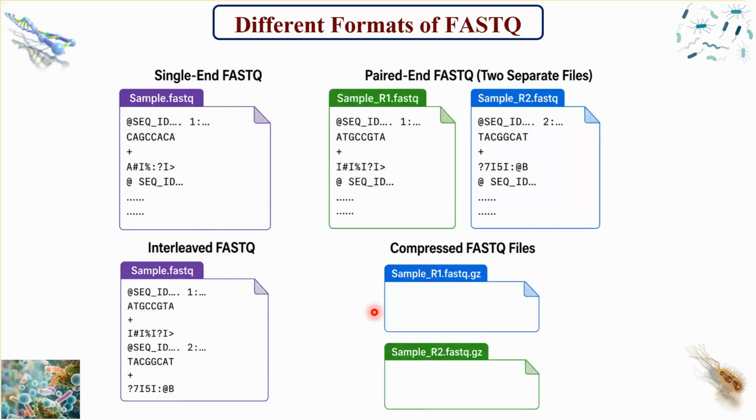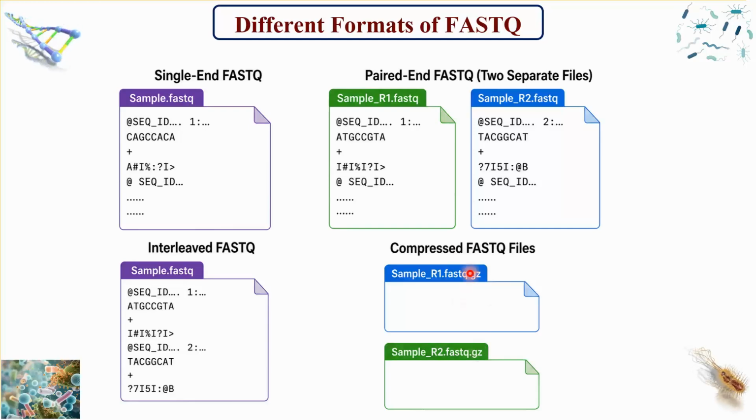Then the compressed FASTQ files. FASTQ files are usually very large because sequencing generates millions of reads. So to reduce file size and make data transfer easier, they are often stored in compressed format. As we can see here, the most widely used format is .fastq.gz.